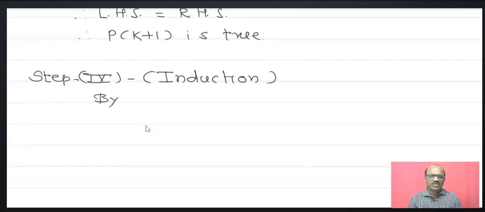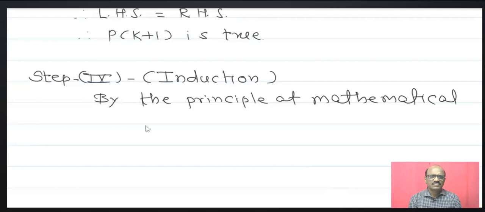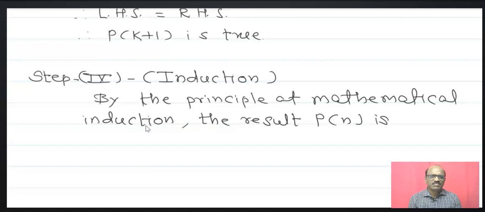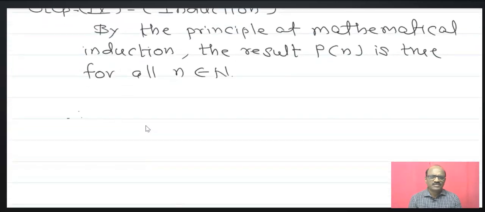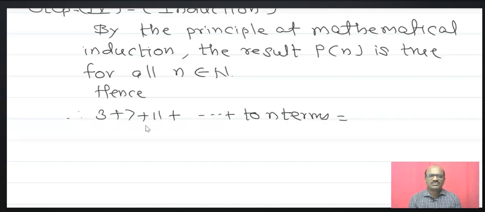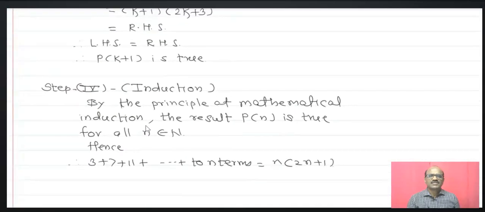Therefore, by the principle of mathematical induction, the result P of n is true for all n belongs to capital N. Hence, 3 plus 7 plus 11 plus ... plus 2n terms is equal to n(2n plus 1), and hence the result is proved.